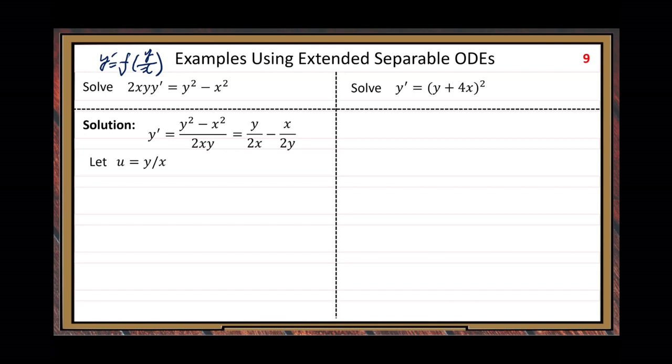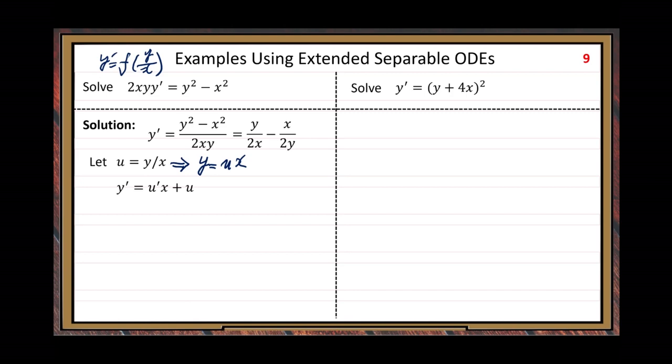Let u equal y over x. Now let's rewrite y prime. We have two ways to get y prime. One way: I skipped something, so let me write the part that I skipped. This expression tells us y equals u times x.